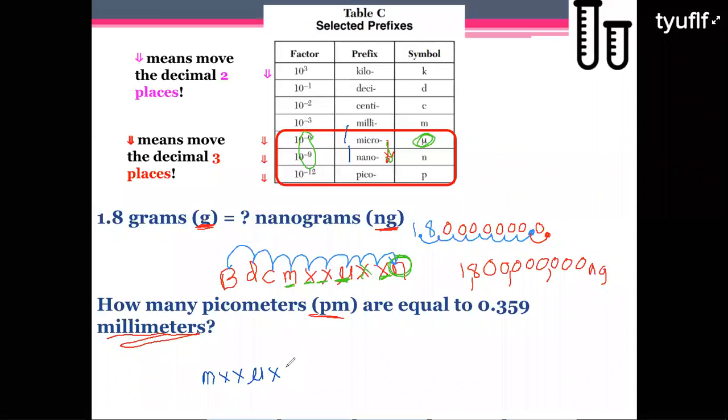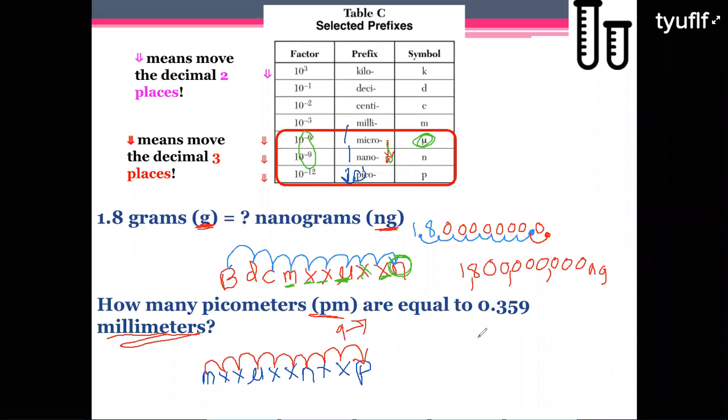So X, X, then we have nano. But we're still not done because we want to end up at pico, so we have to come down one more time. So X, X, and then we end up getting our pico. Now that we have all of our letters, we can do our jumps. So that means 1, 2, 3, 4, 5, 6, 7, 8, 9. A whole lot of jumps. But this time we're going 9 places to the right.